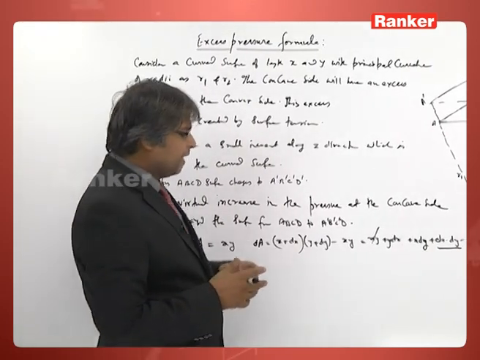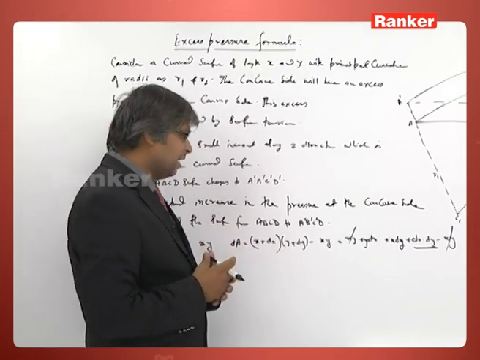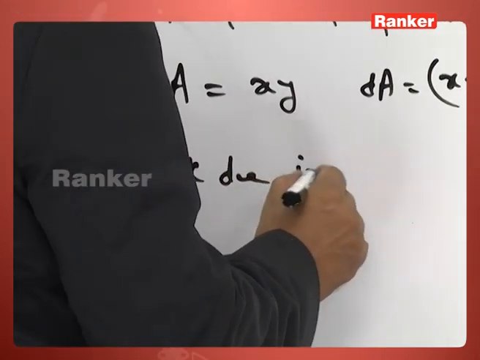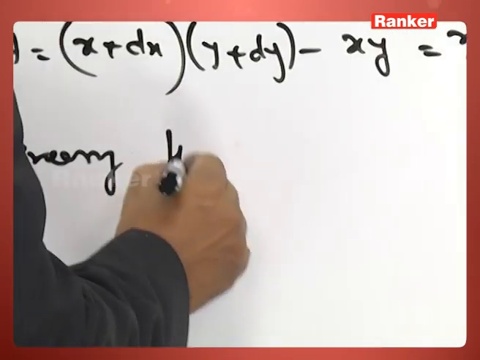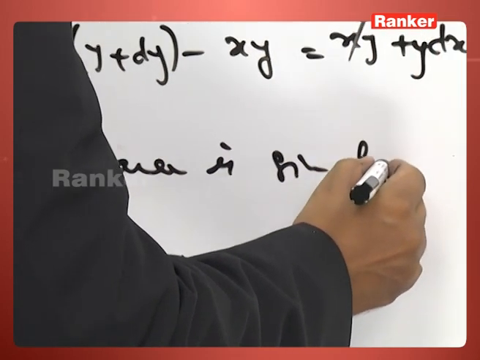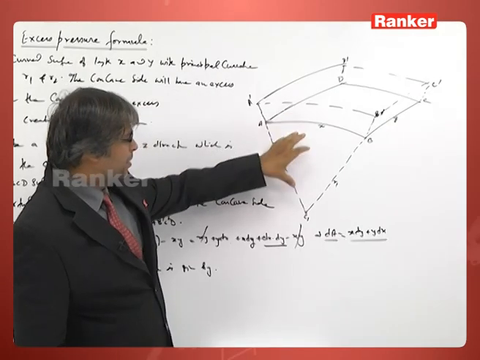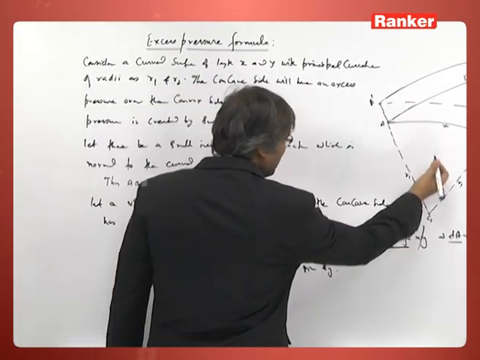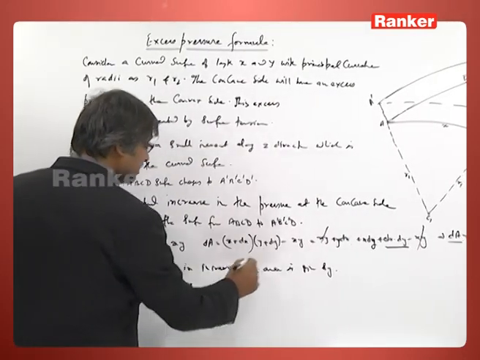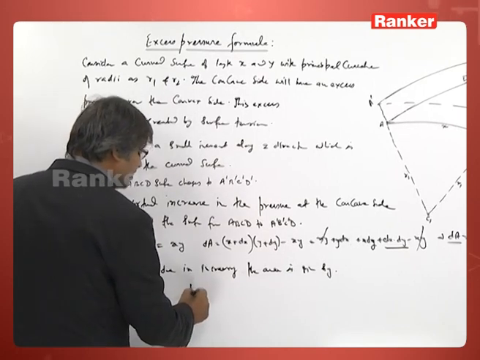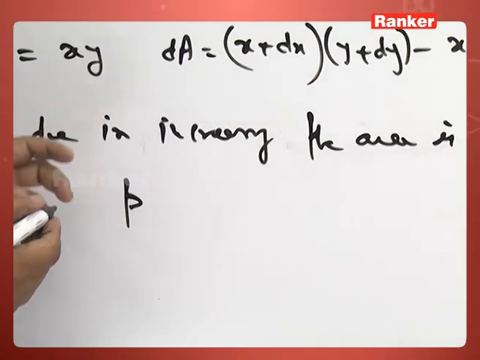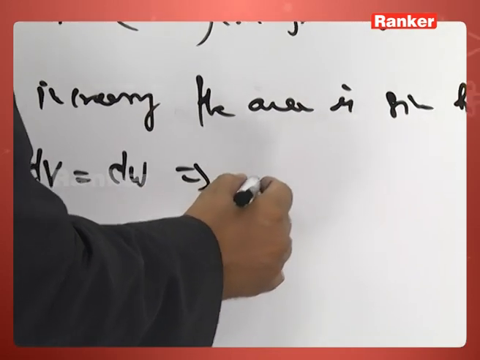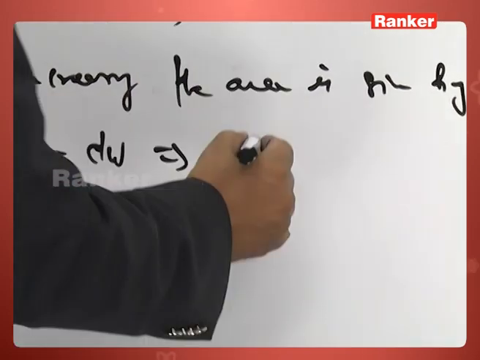So, the work done in increasing the area is given by the unbalanced force, that is P, where P denotes the excess pressure, into the change in volume.